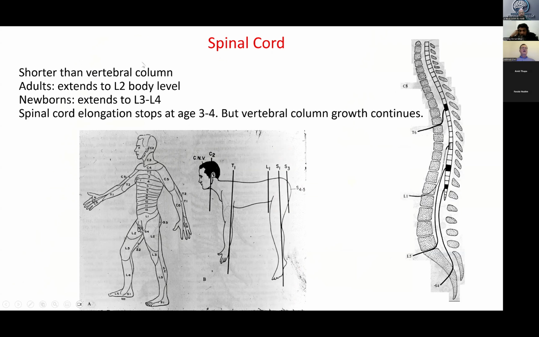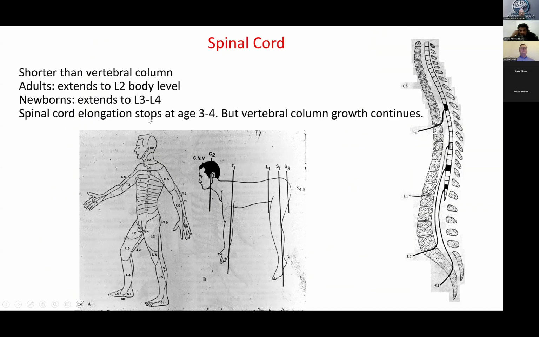The spinal cord is shorter than the vertebral column, and we can understand the levels of the spinal cord by looking at the anatomy like this, as if a four limbs animal.